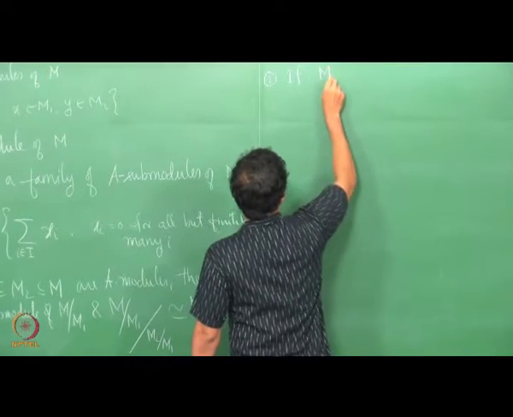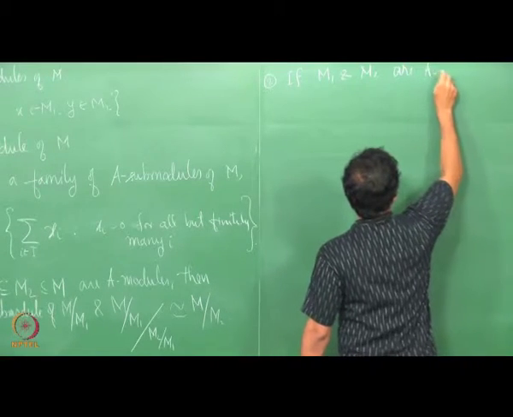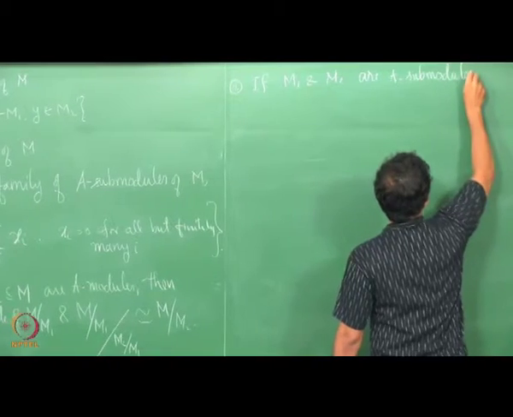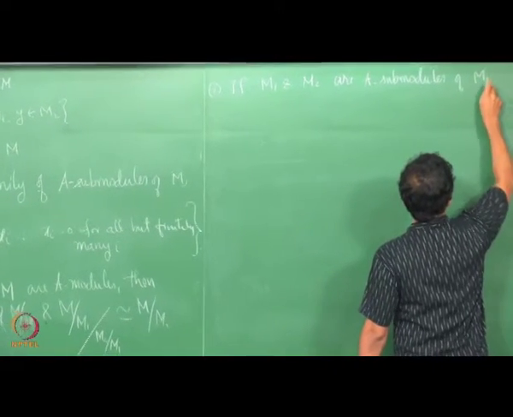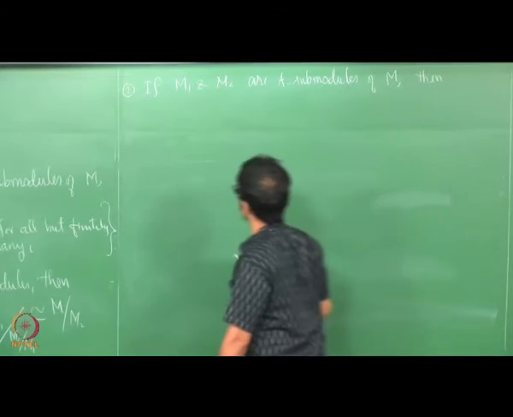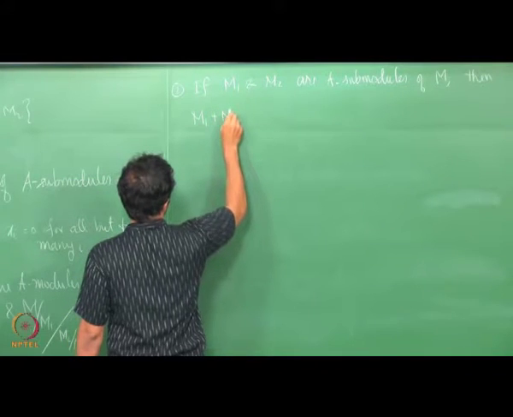if M1 and M2 are A submodules of M, then what can you say about this?